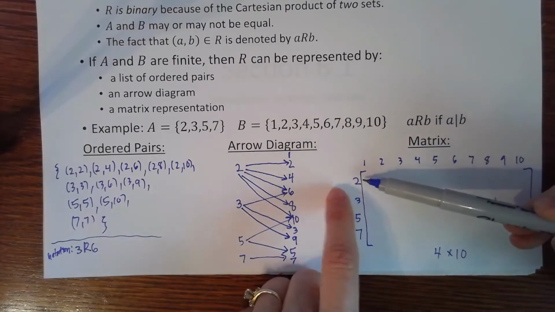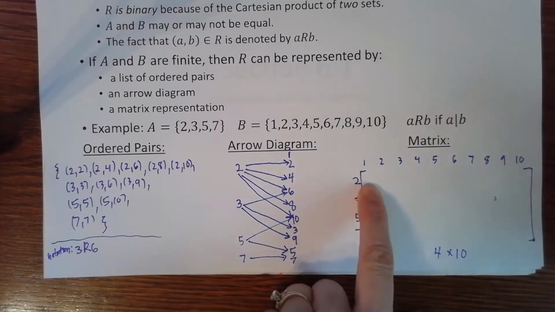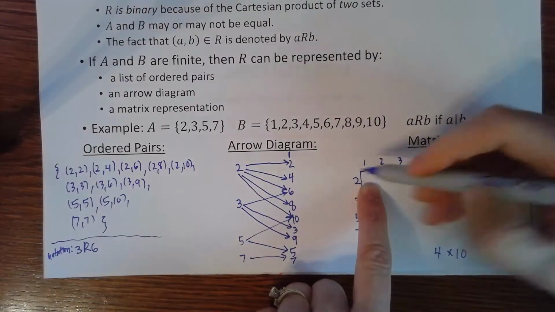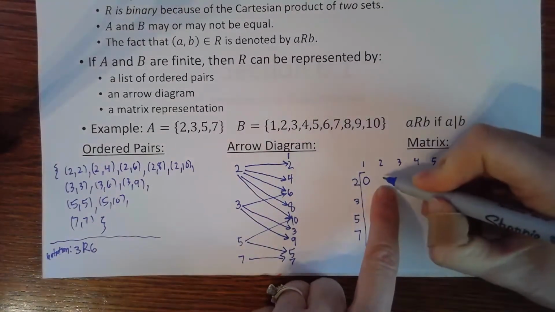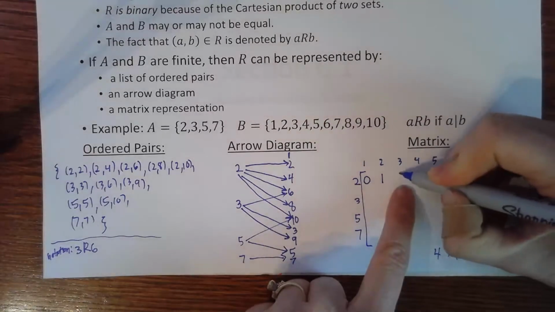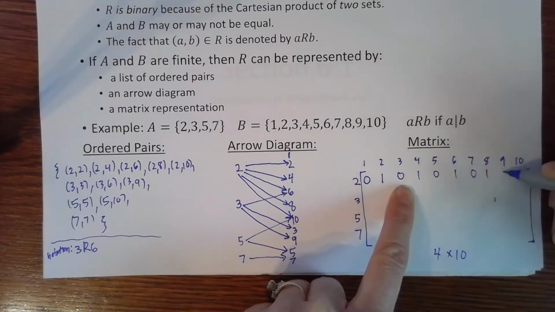So if I go to like 2, 1, the entry in matrix element 2, 1 will be a 0 if they're not related, and a 1 if they are related. Sort of like a 0 is false and a 1 is true. Okay, so is 2 related to 1? No, it's not. I put a 0 there. Is 2 related to 2? Yes, it is. And then no, yes, no, yes, no, yes, no, yes.